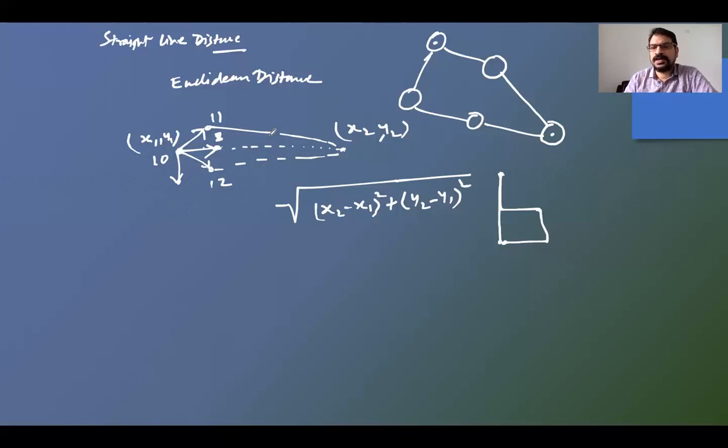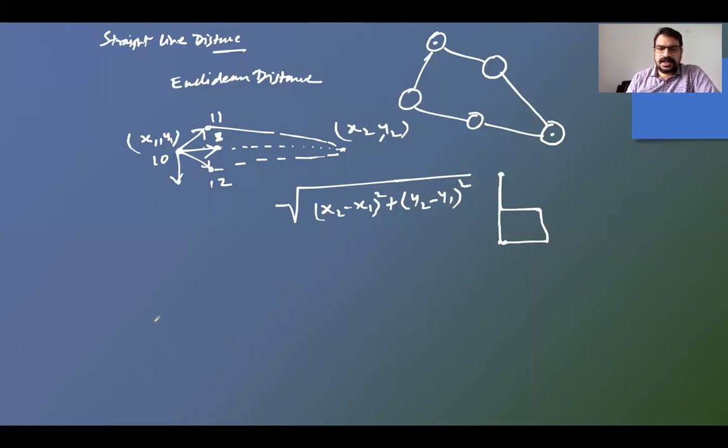Based on that value, we decide where we have to go. From all these paths available from one point, can we go here? Can we go here? No, we have to go here, because it will give you the least cost, or the heuristic value is very low here, based on the straight line or Euclidean distance.